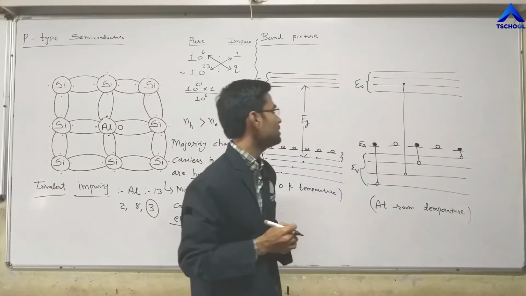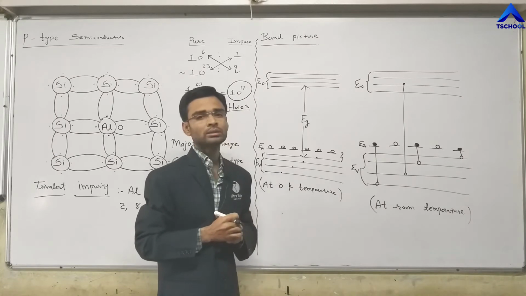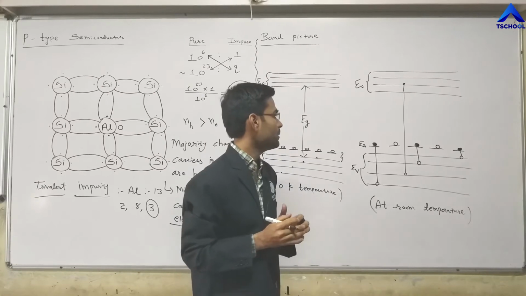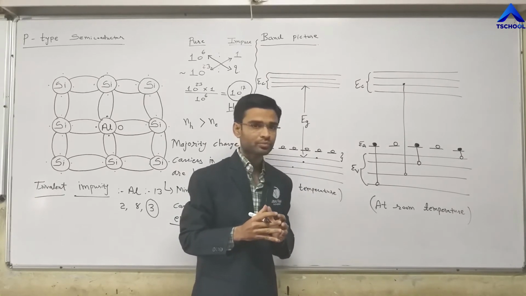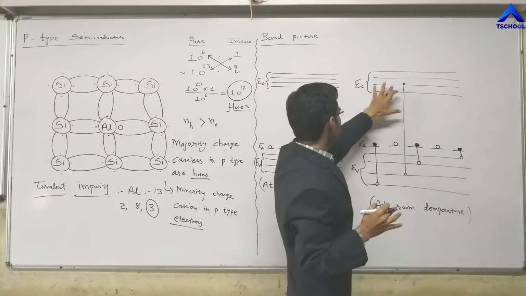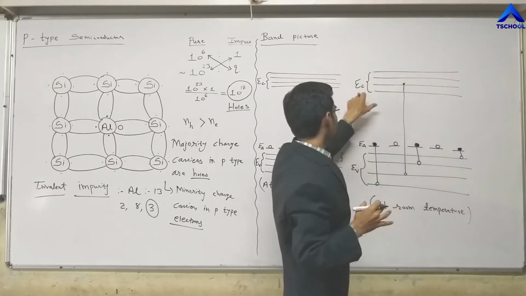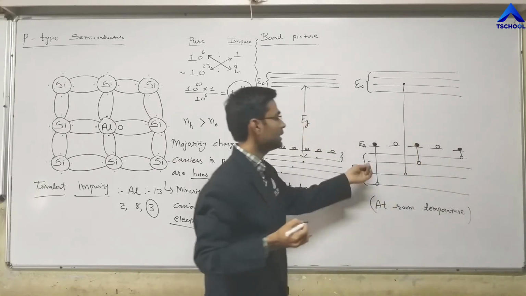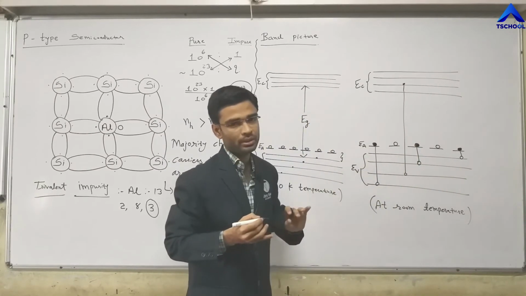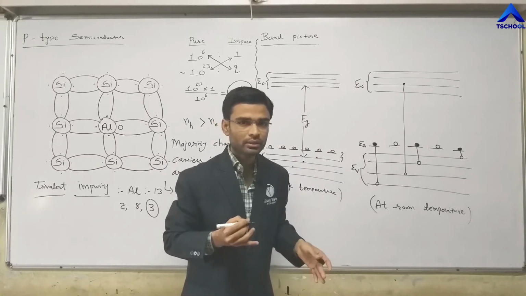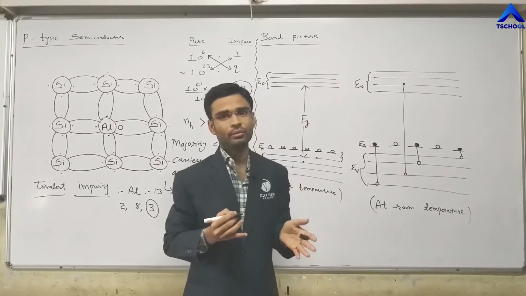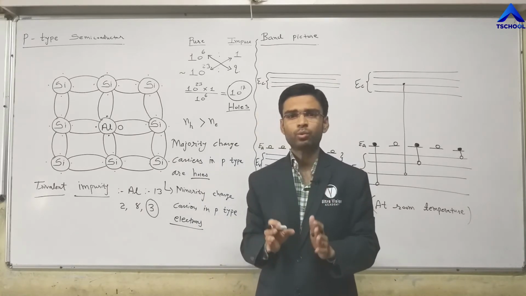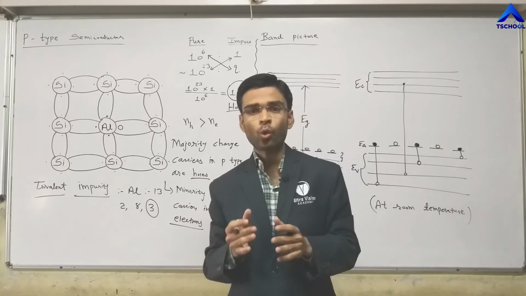That's why the number density of holes is greater than the number density of electrons. In a p-type semiconductor there are very few electrons in the conduction band, so it creates very little current, and that electrical current is insufficient for any device to operate.